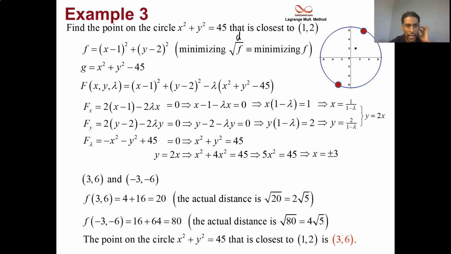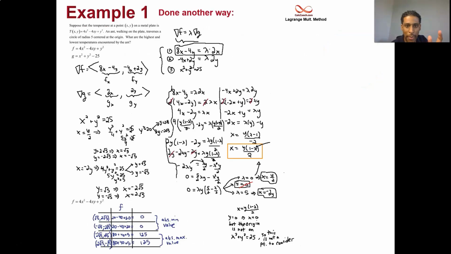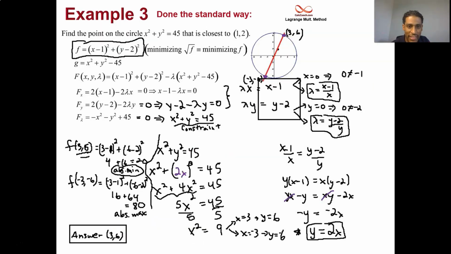Okay? This same question without seeing the pattern looks like this. Solve for lambda, set them equal. Worry just a second about dividing by 0. Do some cross multiplying, get the same relationship that y is twice x, get the same result of (3, 6) and (-3, -6), get the same answer in the end.